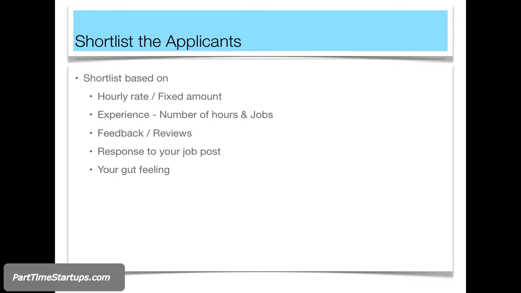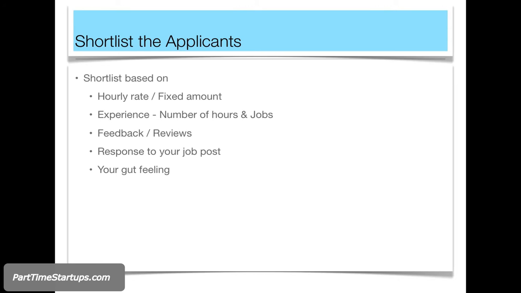Then the way you can shortlist these applicants: number one, obviously you're looking for a cheaper amount, so look at their hourly rate, or if you're posting a fixed price, look at what they are bidding. Remember, the amount is only one factor, not the main factor for shortlisting.